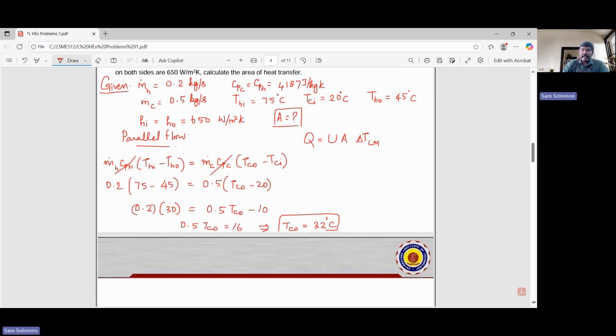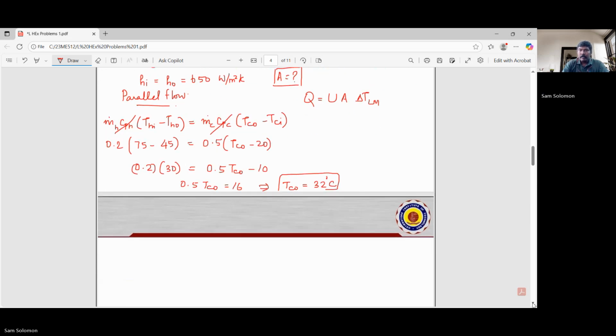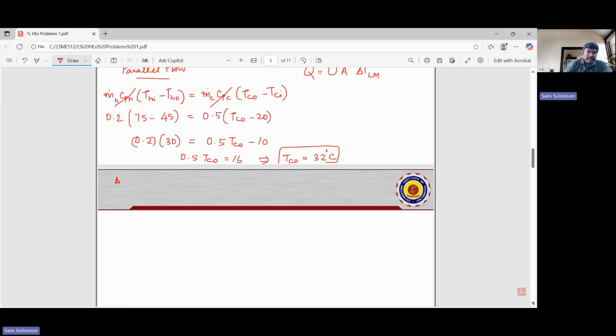Now we can get the value of the logarithmic mean temperature difference. Delta T LM can be written as (theta 1 minus theta 2) divided by ln of (theta 1 by theta 2). That is going to be ((Thi minus Tci) minus (Tho minus Tco)) divided by ln of ((Thi minus Tci) divided by (Tho minus Tco)).